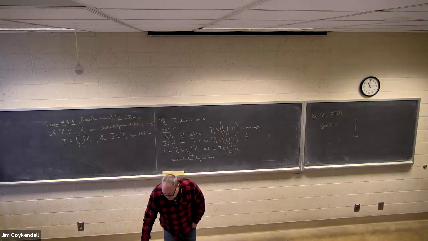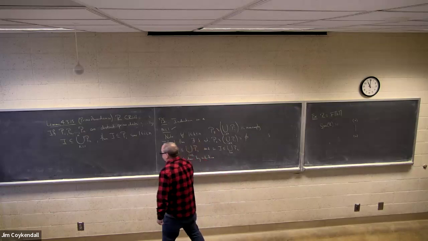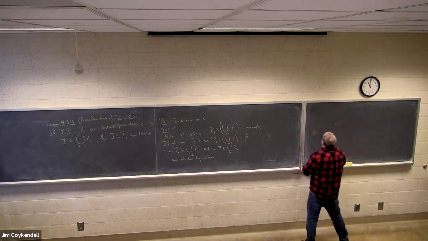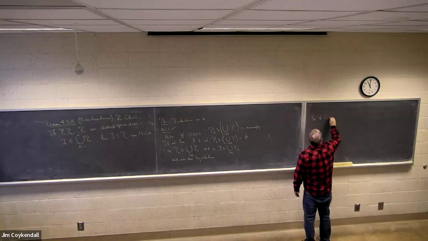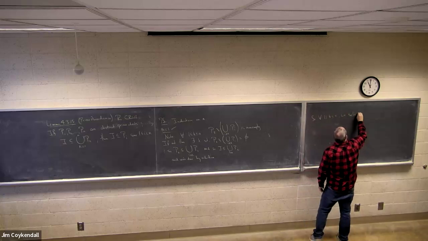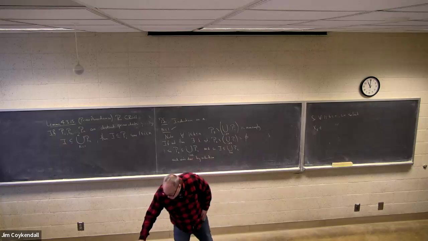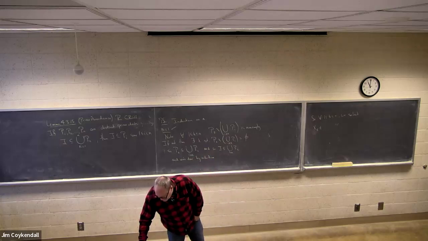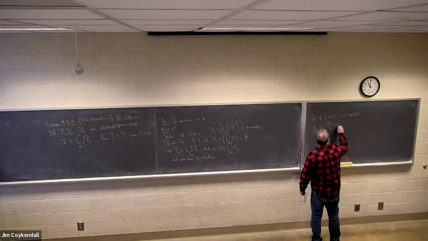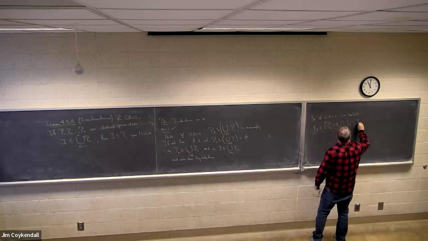So for each k, we select xk that lives in Pk minus that union.